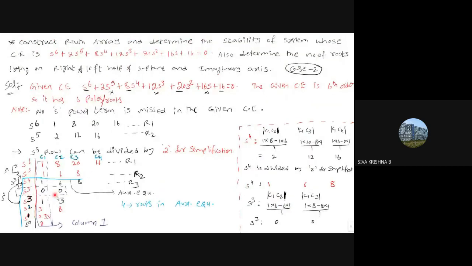See here, S power 3 row ఇది అంటే ఆడ్ పవర్స్ ఏమన్నా చూడండి ఇక్కడ S power 3, S power 1 ఆడ్ పవర్స్ మాత్రమే ఉంటాయి. So now replace that zeros with 4 and 12. So now I am going to replace here 0 by 4 and this 0 by 12.